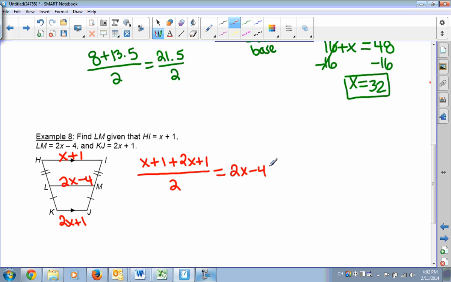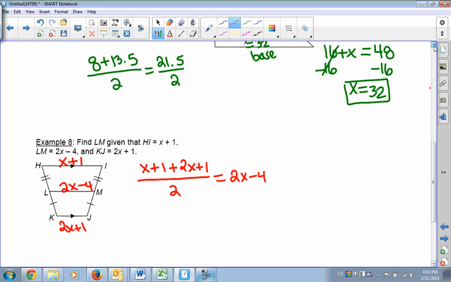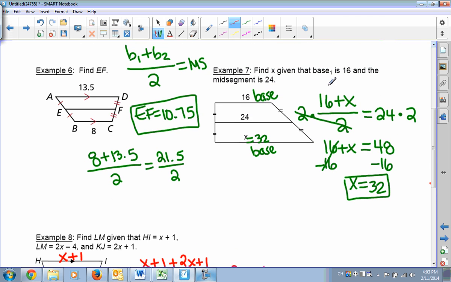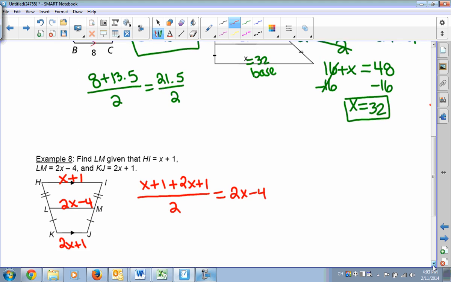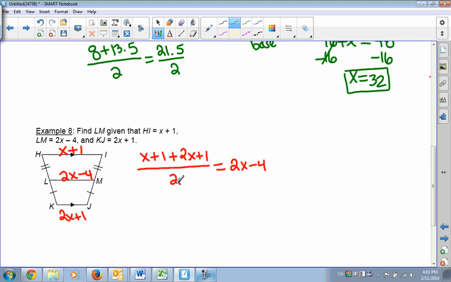Okay, this looks a lot longer than the other ones because you got a bunch of variables. But it's the same process. It's the same process that we used in this problem here. What was our first step in solving over here? Multiply by 2 to both sides. So that's what we're going to do here. We're going to get rid of this division by 2.